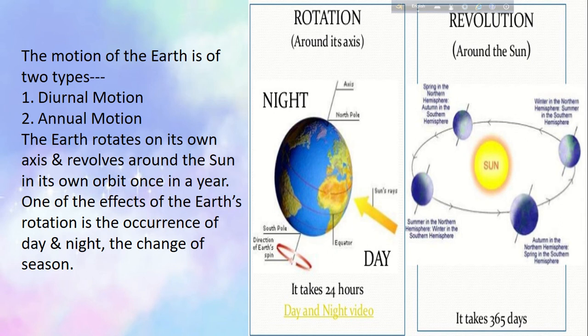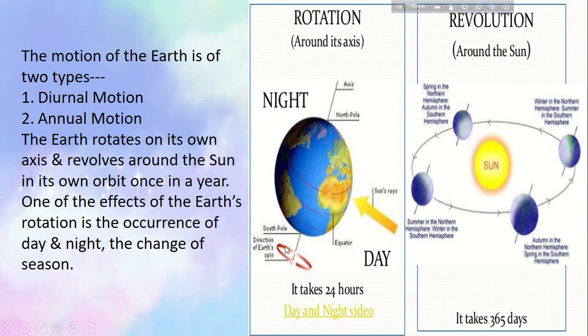So here follow the motion of the Earth. Earth has two types of motion, diurnal motion and annual motion. The Earth rotates on its own axis and revolves around the Sun in its own orbit once in a year. One of the effects of the Earth's rotation is the occurrence of day and night, and the change of season. Day and night occur. North Pole and South Pole were presented in Standard 6. You learned about the equator, the Tropic of Cancer, and the Tropic of Capricorn.